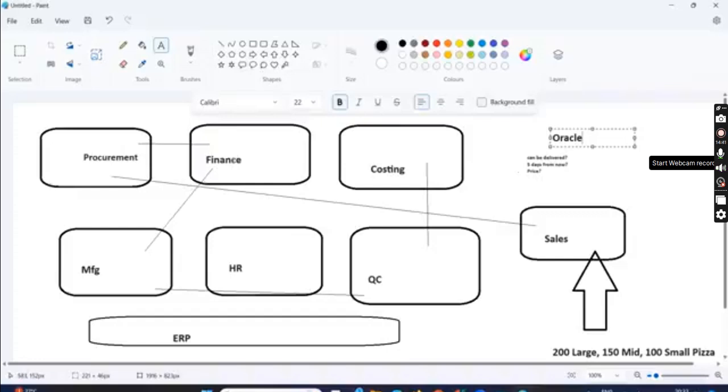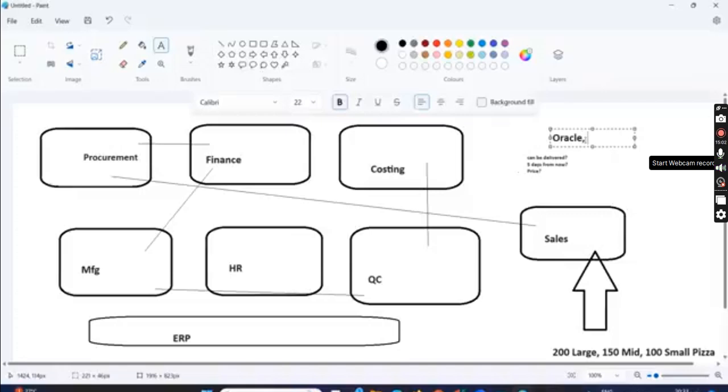In a bank, you need to know how much money you have, because if a customer wants to liquidate or break a fixed deposit, you need to know whether you have enough funds to pay the customer right away. Oracle is very good with that kind of information. But the pitfall is Oracle is good for finance only.